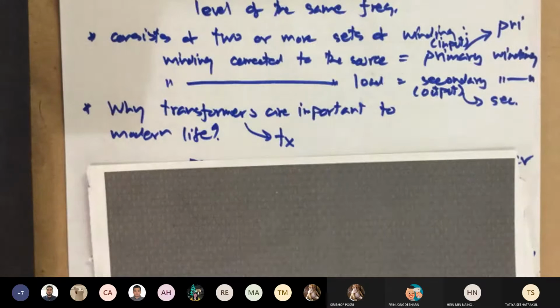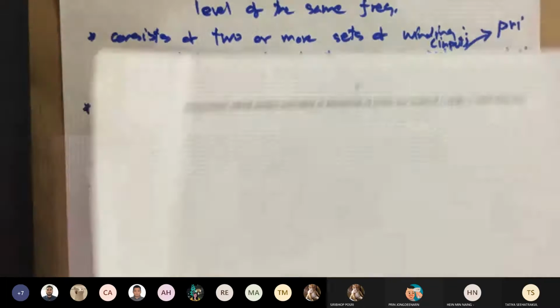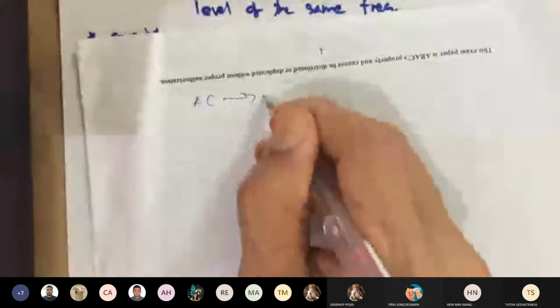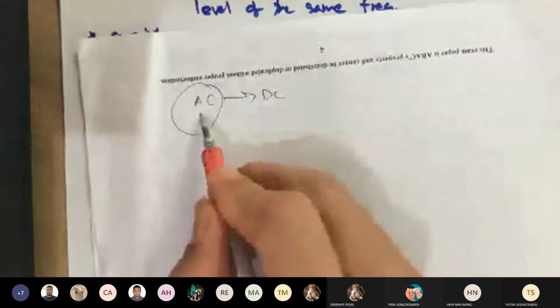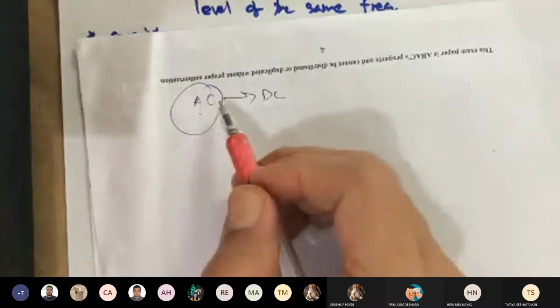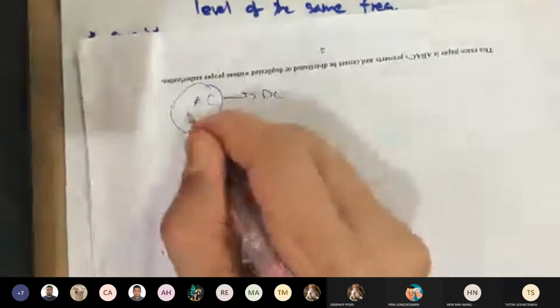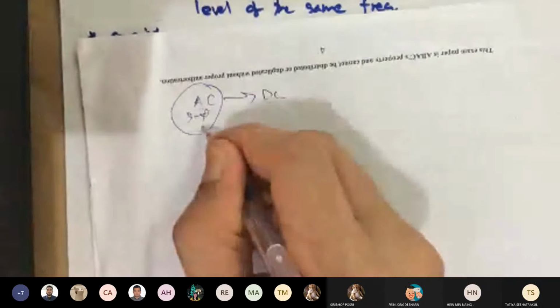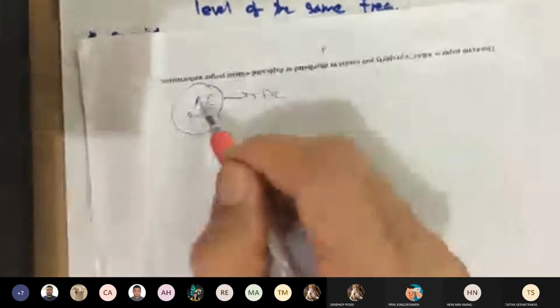To use your phone, you need to charge your battery. How does that work? You need single-phase AC, right? That's how you charge your phone every night or during the day. So you still need AC to DC conversion. But we mainly produce or generate AC, three-phase in particular, and there's a reason behind that.